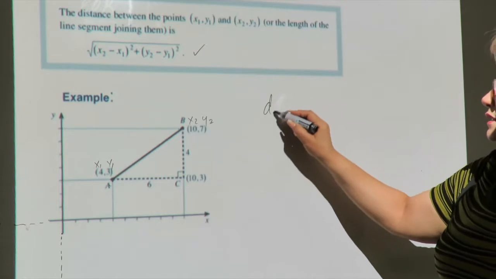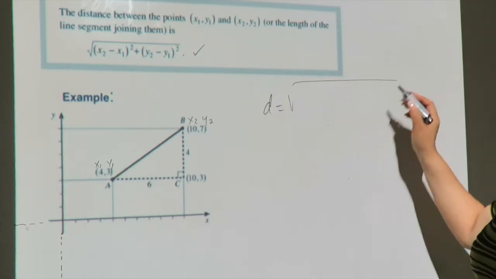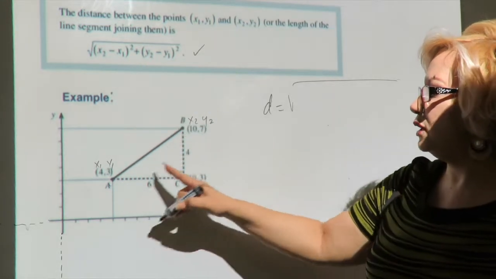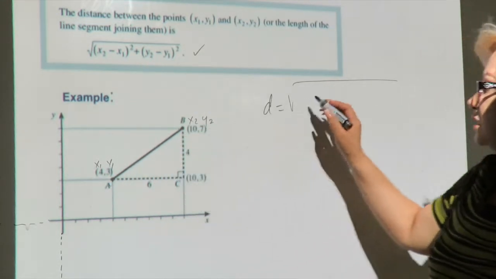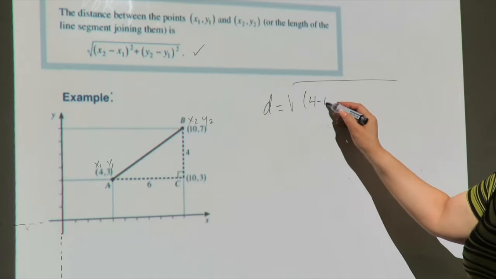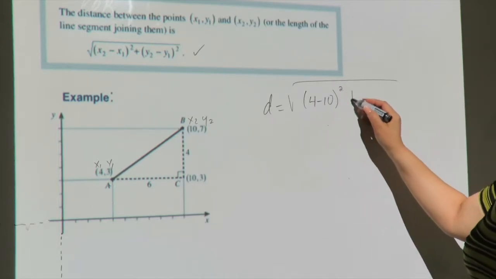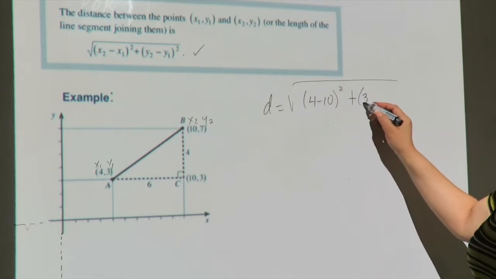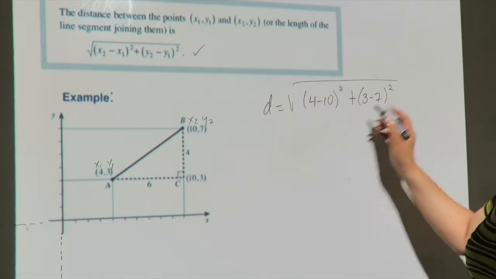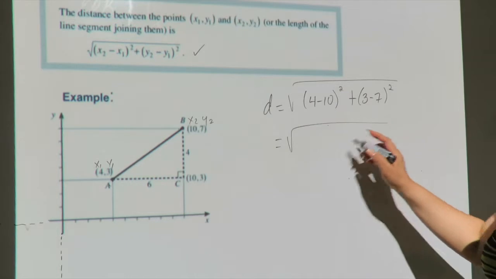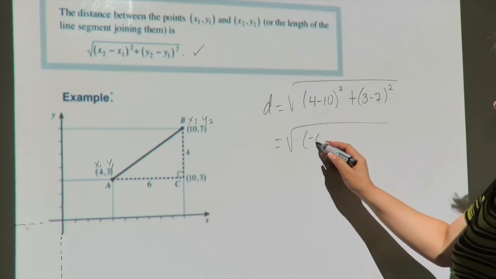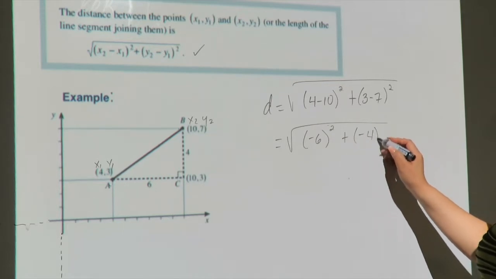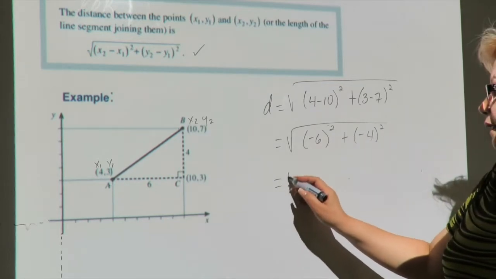Okay, distance will be the square root of the subtraction of my x: x2 minus x1, that will be 4 minus 10 to the second power, plus 3 minus 7 to the second power. So 4 minus 10 will give me minus 6 to the second power, and over here minus 4 to the second power.